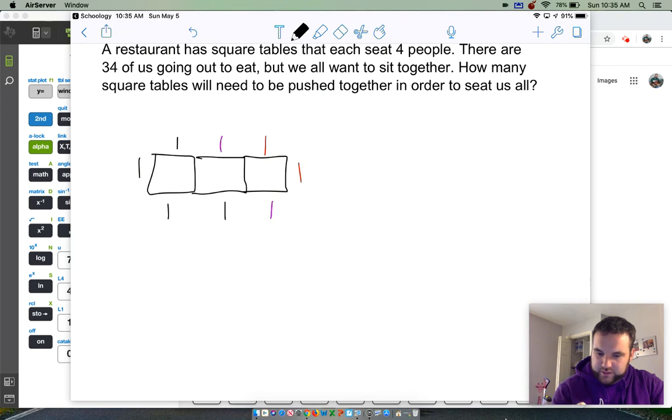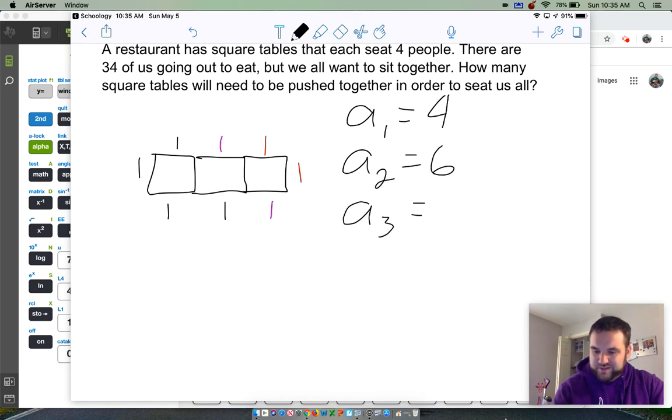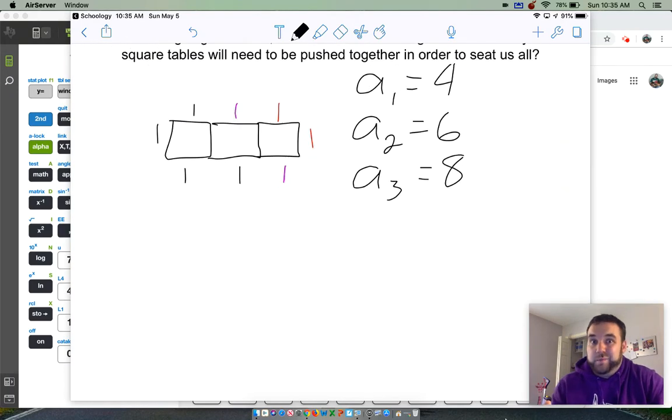So we could say A sub 1, or 1 table, seats 4 people. With 2 tables, I can seat 6. With 3 tables, I can seat 8. And we could keep going and going from there. And the question is, how many tables does it take to get to 34? To figure that out, I could say I'm starting with 4, right? 4 people sit around one table.